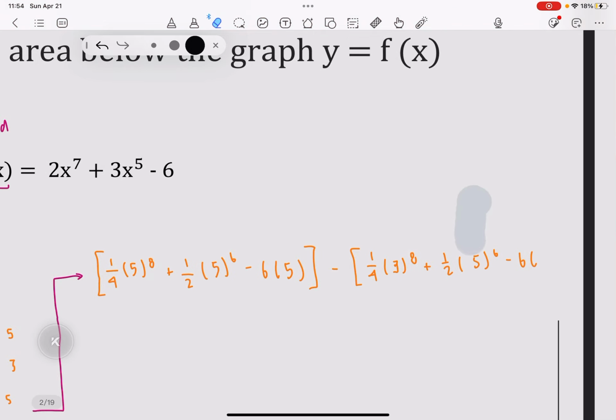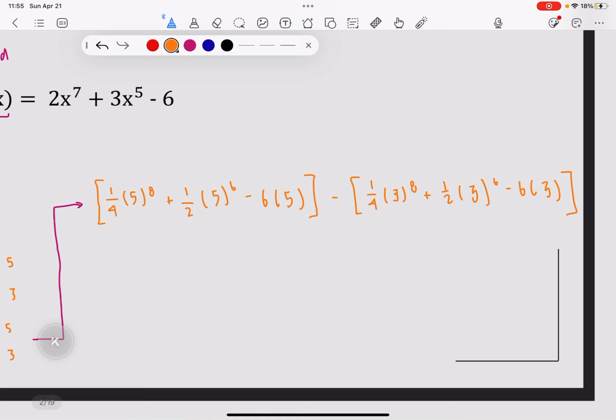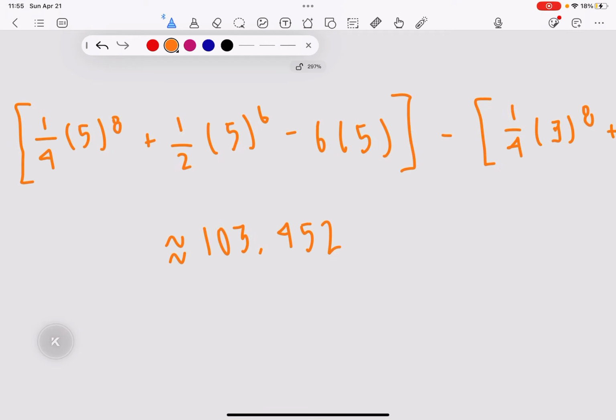This is new. And then once you plug that in, you're going to get a pretty large number. Not really expecting this when I wrote this problem, but that's all right. This is going to be the area after we plug that into our calculator and solve.